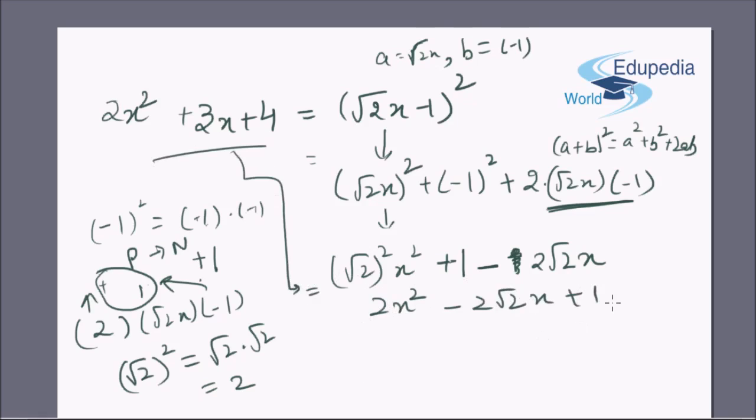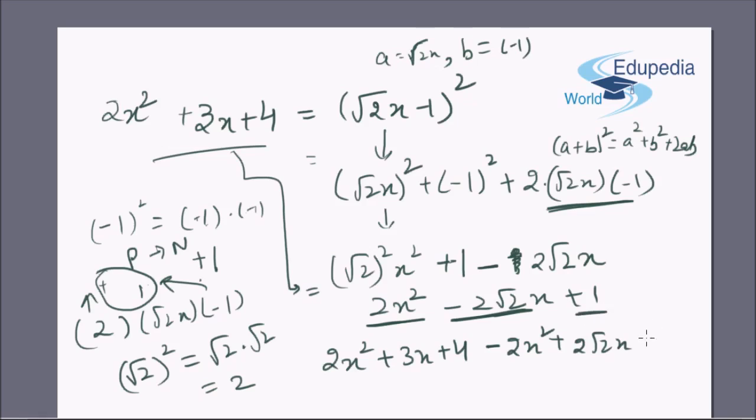Bringing this whole term to the left hand side, it becomes 2x square plus 3x plus 4 minus 2x square plus 2 root 2x minus 1 equal to 0.